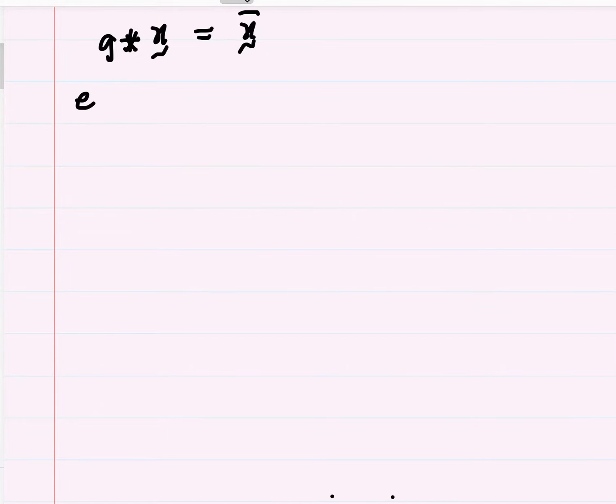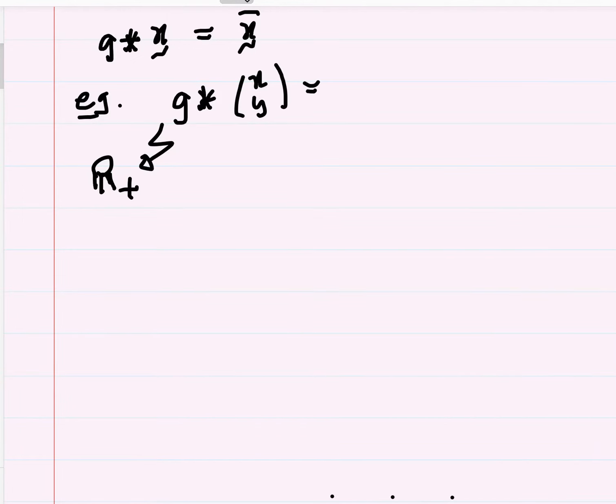So, for example, we said that the parameter g, which comes from a one parameter Lie group R plus, acts on a vector (x, y), and then x bar would be x over 1 minus gx, y over 1 minus gx.